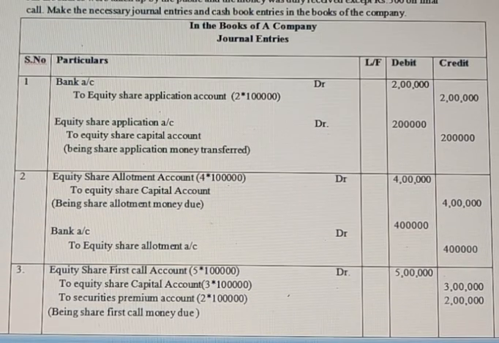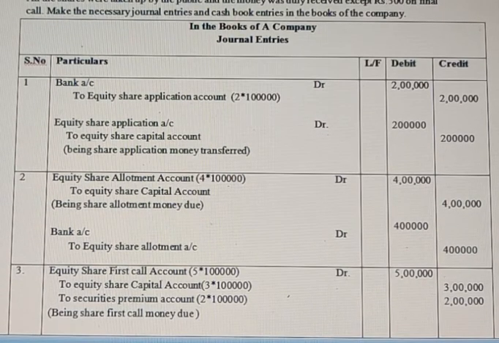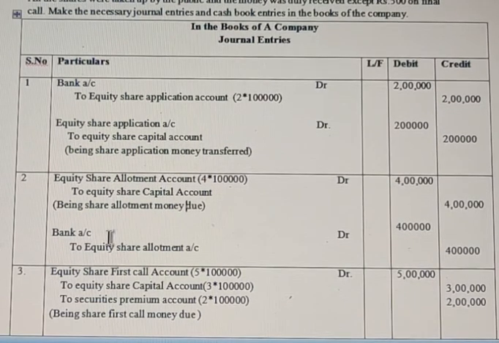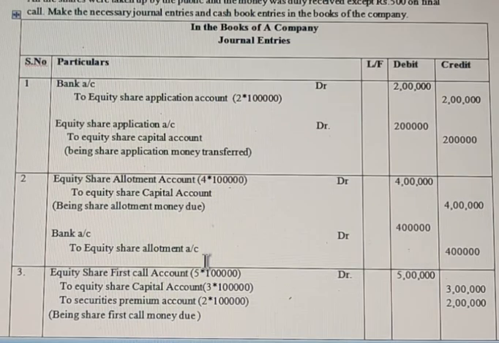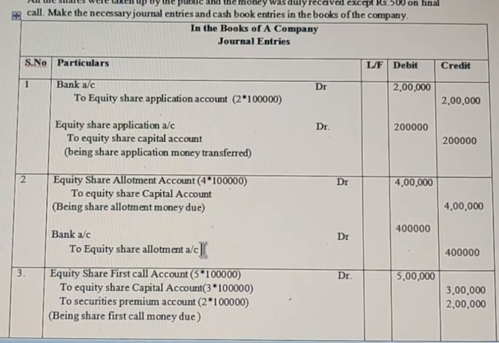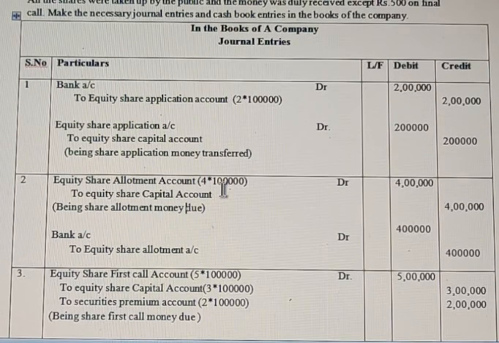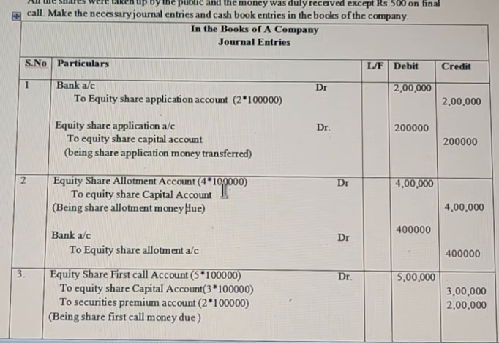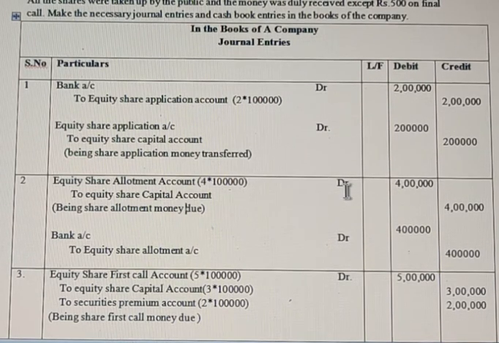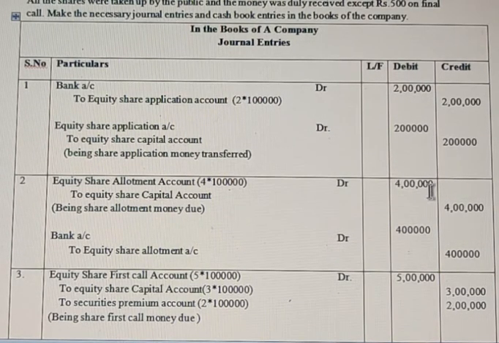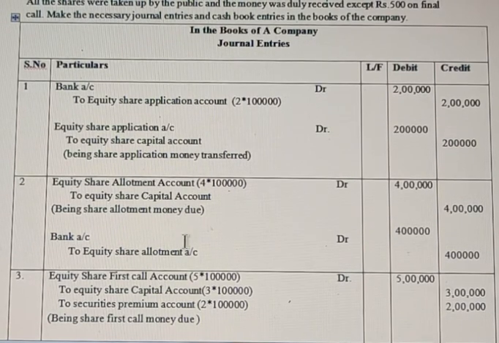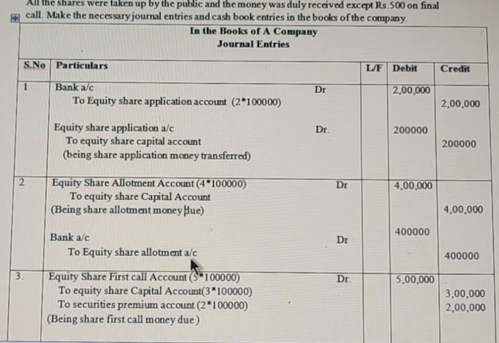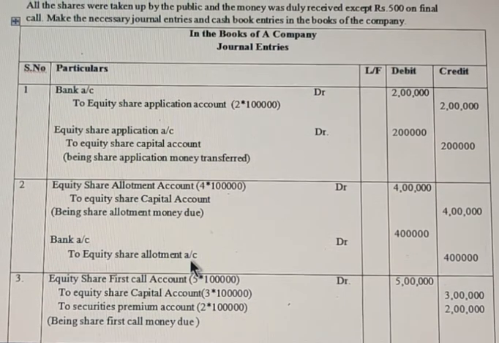After making it due, you will receive the allotment money through the second journal entry, that is bank account debit to equity share allotment account. How do we get the value? They've clearly mentioned they're collecting rupees 4 on 1 lakh shares. So 4 into 1 lakh, you're getting 4 lakhs. This is the allotment money that you're actually collecting. So these are the two journal entries in the allotment stage, one for money due and another for money receiving.